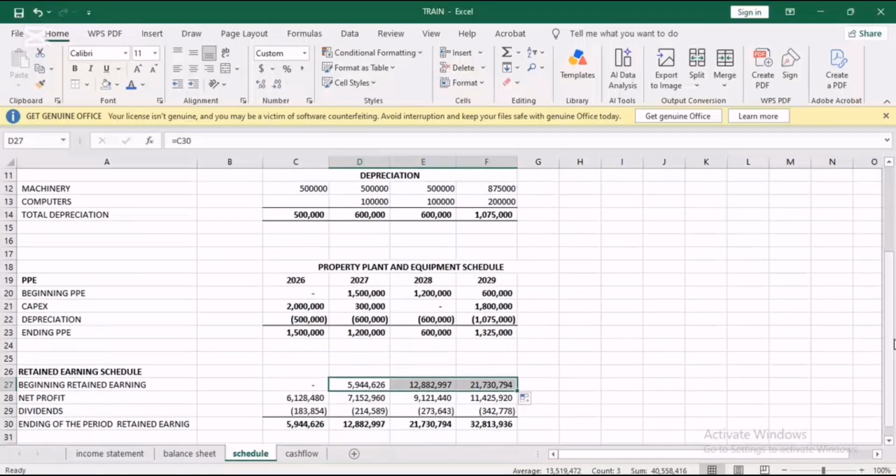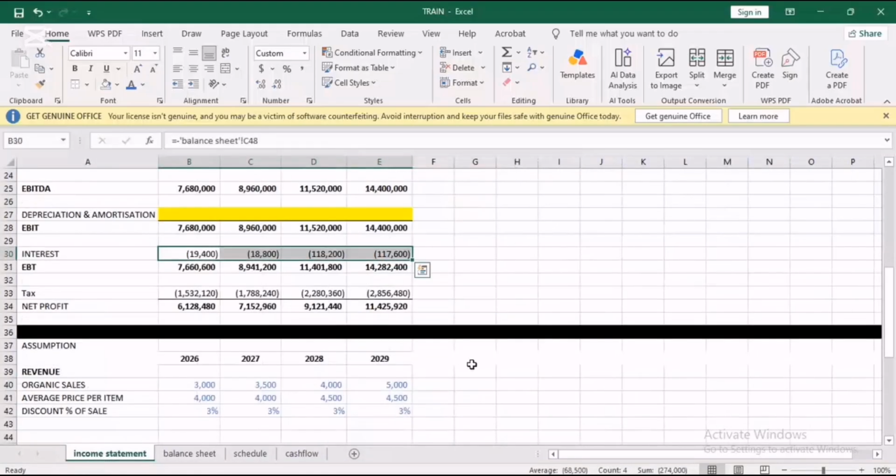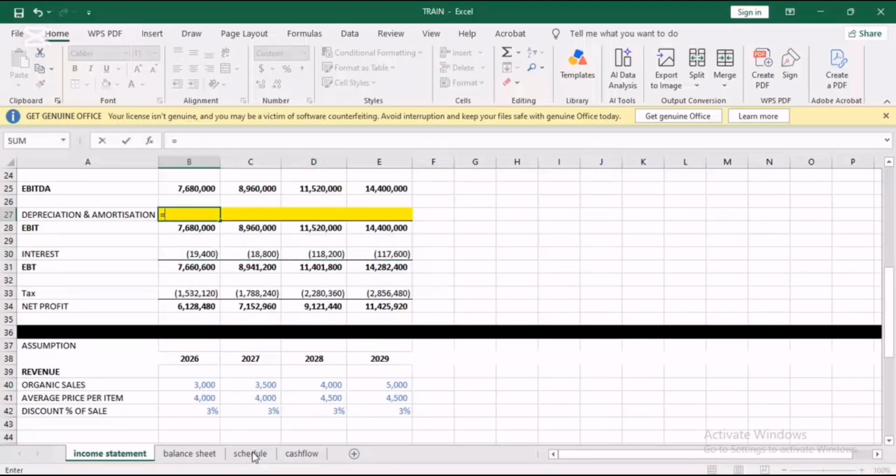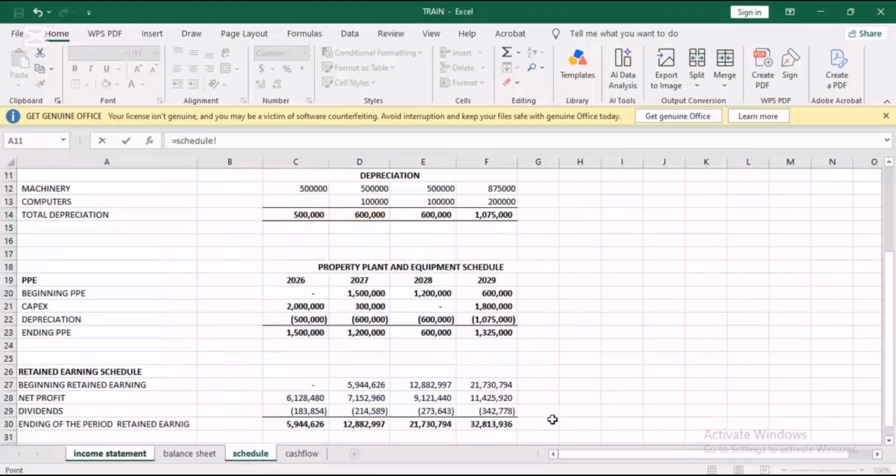So now we can populate some of those areas we highlighted. So now we can return to the first sheet, income statement. So we are still having the depreciation right up here. So now let's impute it. We hit equal to, then to the schedule. So right up here is the depreciation. Let's use the one in brackets, negative.